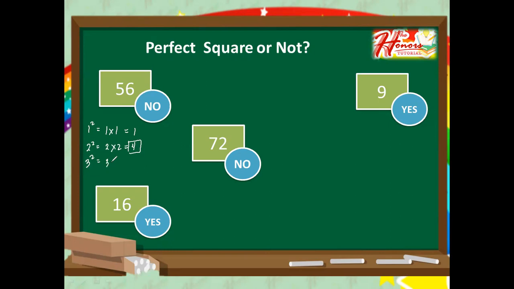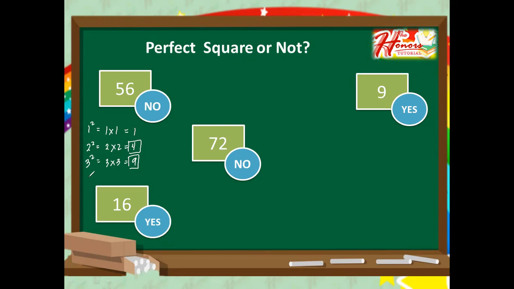So we have here 3 times 3, and that is 9. So 9 is a perfect square number because 9 is the result when you square 3, or when 3 is raised to 2.